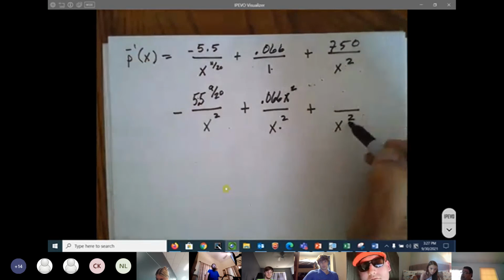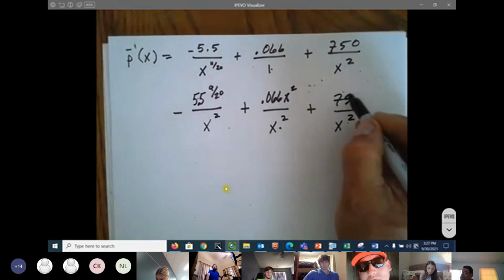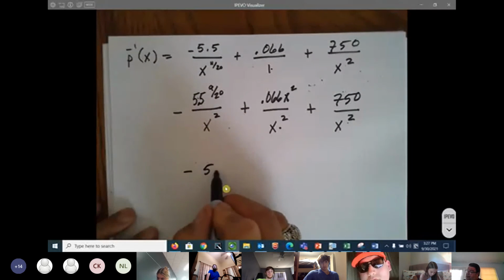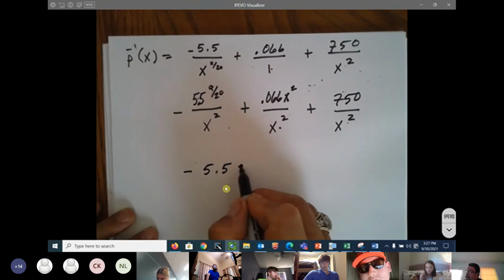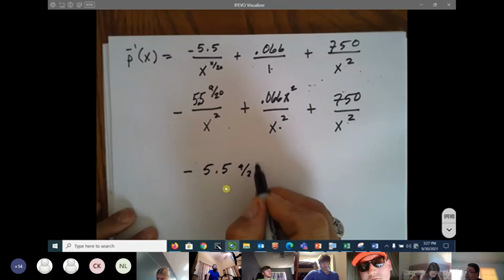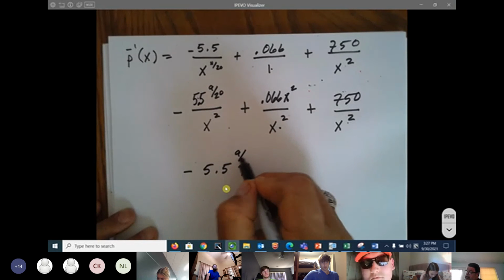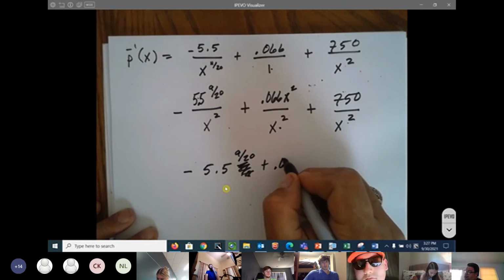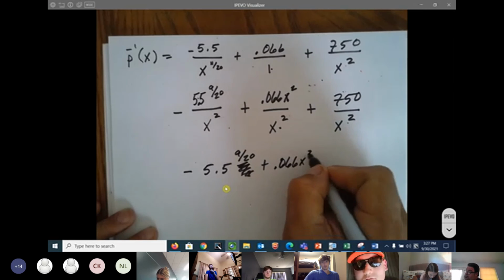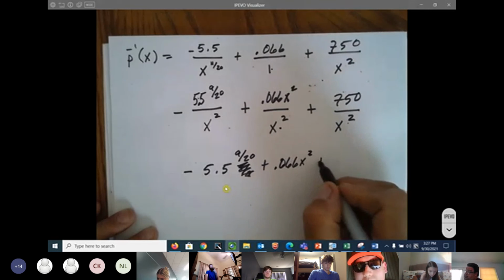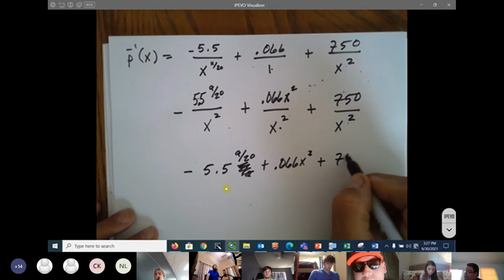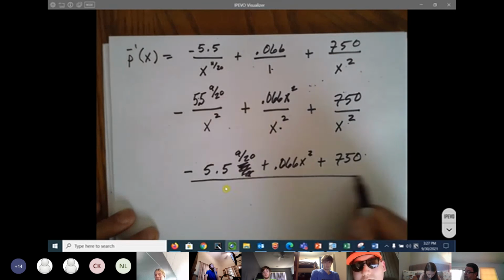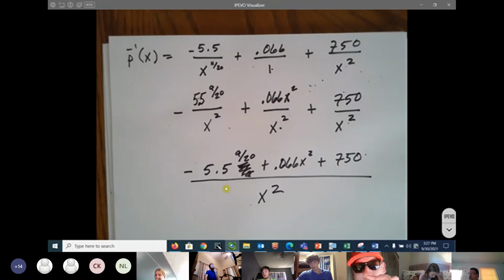And x squared will go in there 1 time plus 750. So now I've got negative 5.5 x to the 9/20, plus 0.066 x squared, plus 750 all over x squared. And that should be what they got.